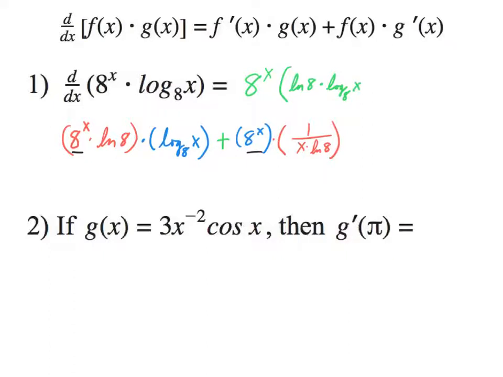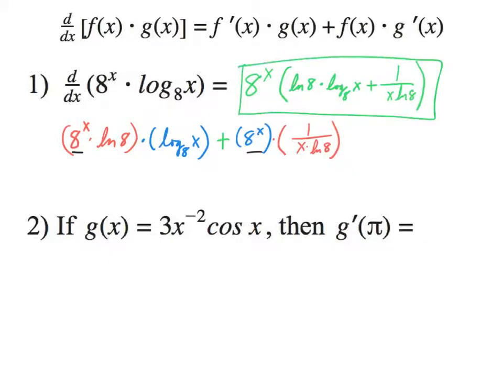And on the second piece, it leaves behind a 1 over x ln 8. So that is one way to simplify. You could also try to get common denominators and so forth, but I'm not going to go that far. I'm okay with simply calling this simplified.